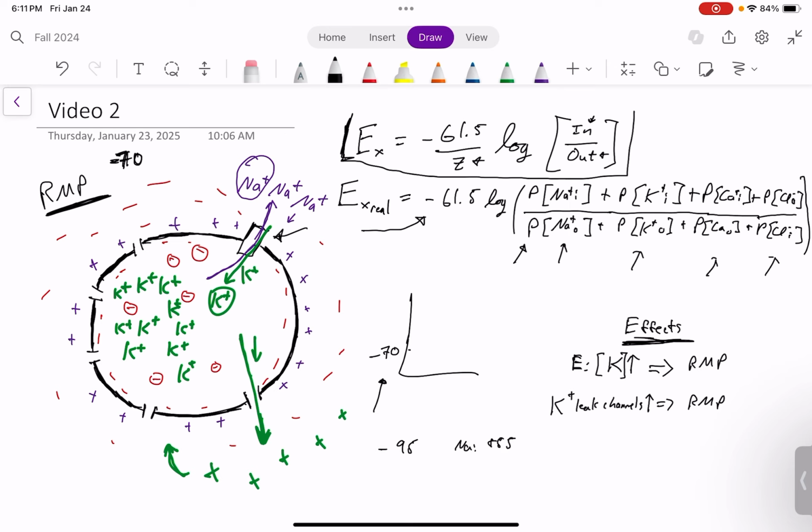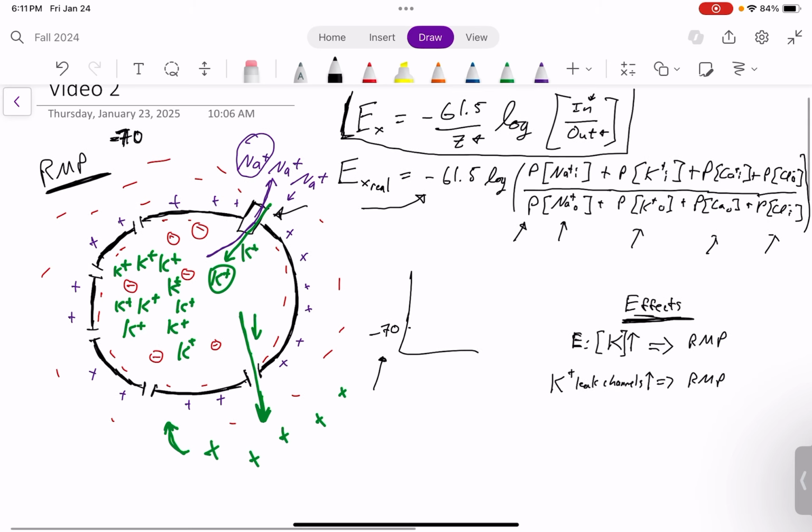And so it would be a lot more positive if it was more permeable to sodium. But it's not. It's more permeable to potassium. And so the cell membrane potential is more negative. All right. I hope that makes sense. So potassium leak channels establish the voltage. The sodium potassium pump establishes the chemical gradient for that.